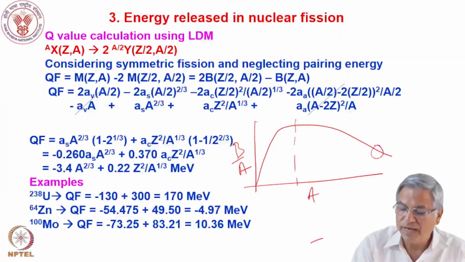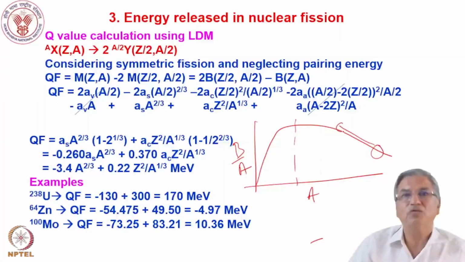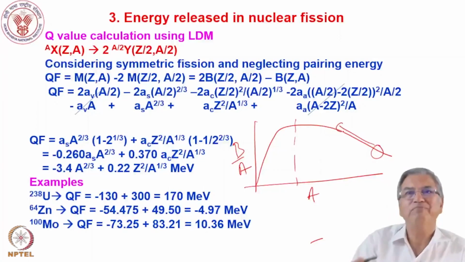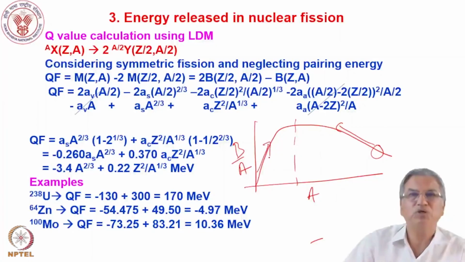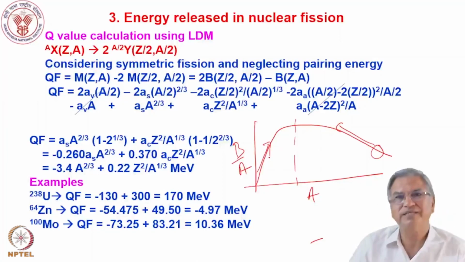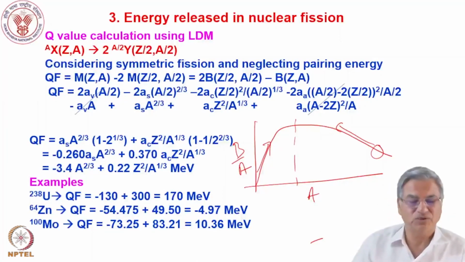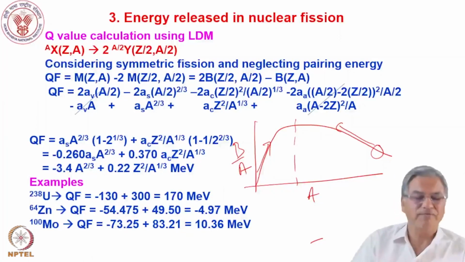So when heavy nuclei split into two equal fragments, there is a gain in binding energy, and so the Q value should be positive. Like the light nuclei, when they fuse together to form a heavy nucleus, there is a gain in binding energy, and so these are exoergic reactions. So grossly, you can say that a heavy nucleus can undergo fission because of the change from low binding energy to high binding energy.